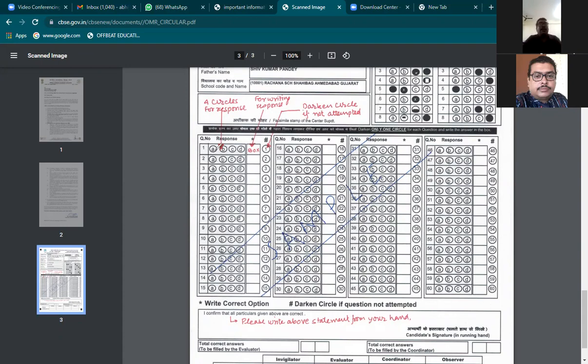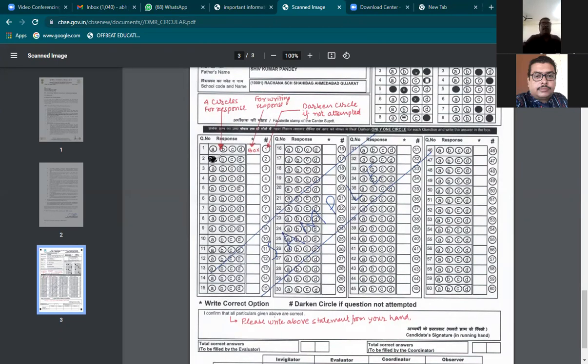Suppose I take question number 2, an MCQ question, and A is the answer. You need to darken the circle. I am darkening the circle. Use a blue or black ballpoint pen.